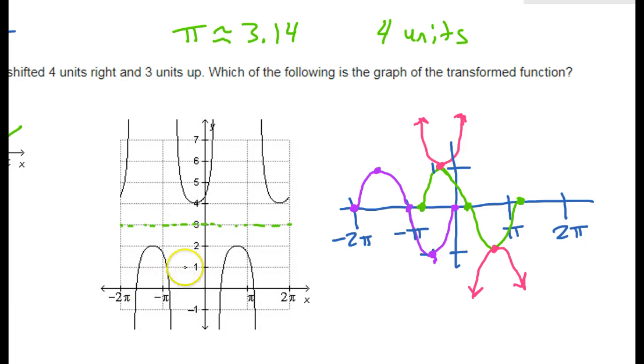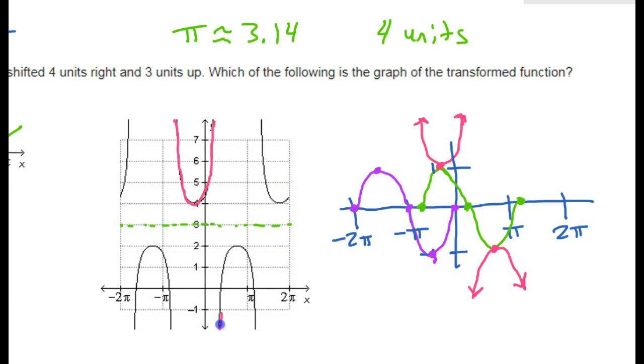So let's look at the 2 graphs that we have left and see which one of them has an upward facing loop a little bit to the left of the y-axis, and a downward facing loop to the right of the y-axis. Well, look at this graph right here. See how we have an upward facing loop a little bit to the left of the y-axis.